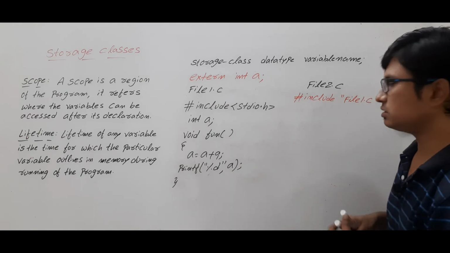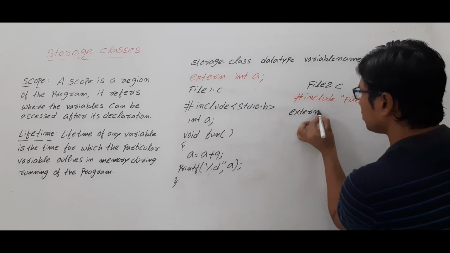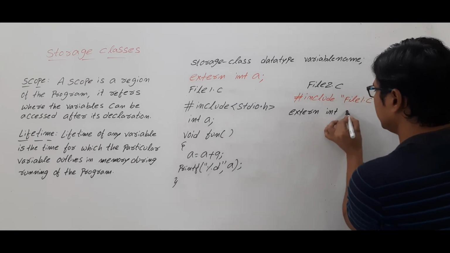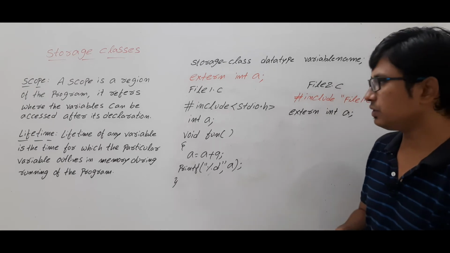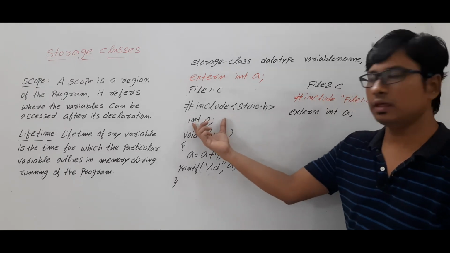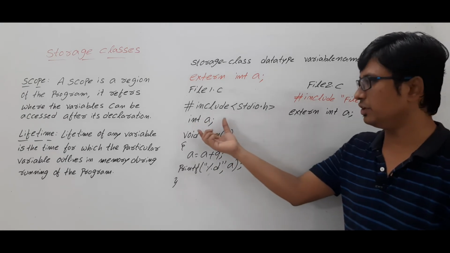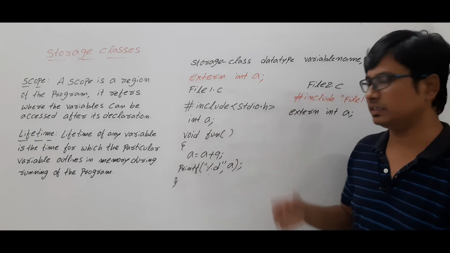Then you are declaring an external variable with the name a. Whatever variable a you have already declared, you are using it here. Are you able to understand? That's why it is an external variable. You are accessing it.